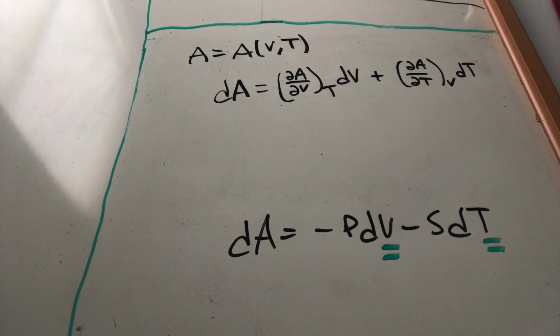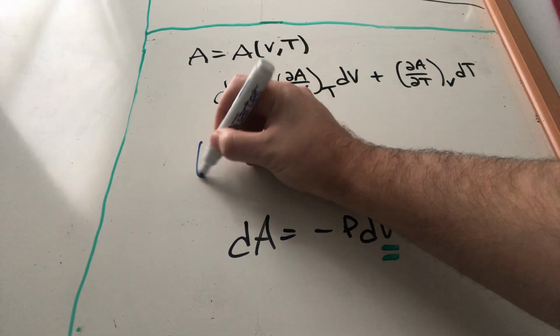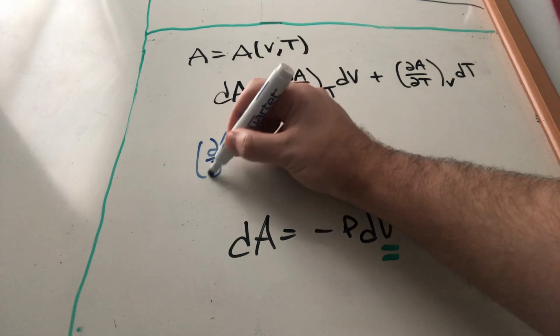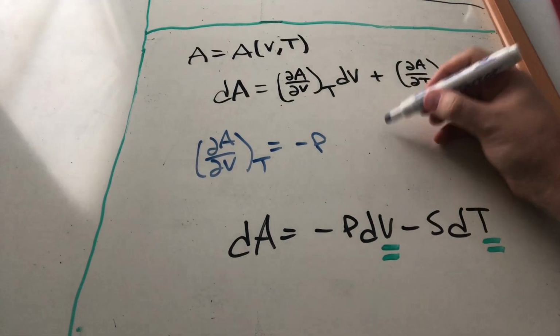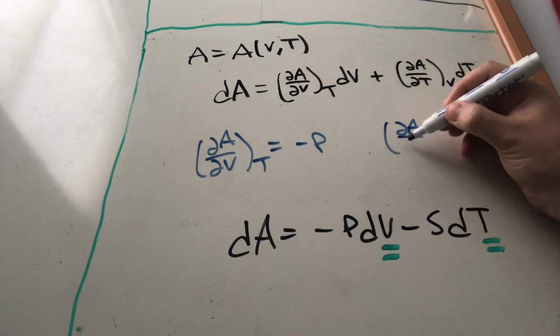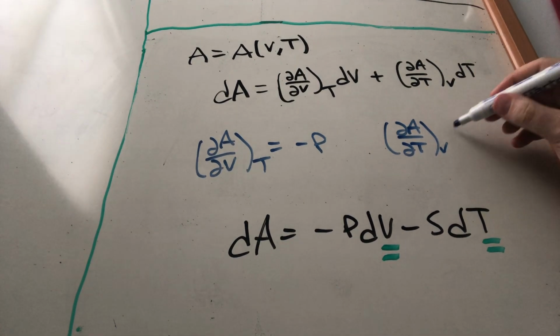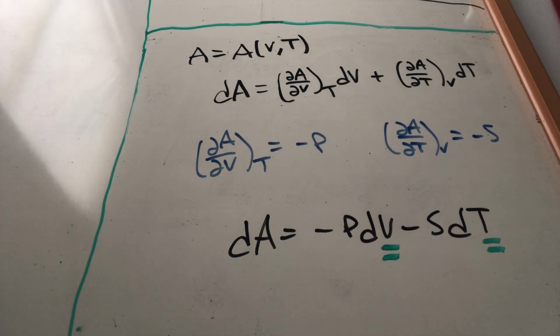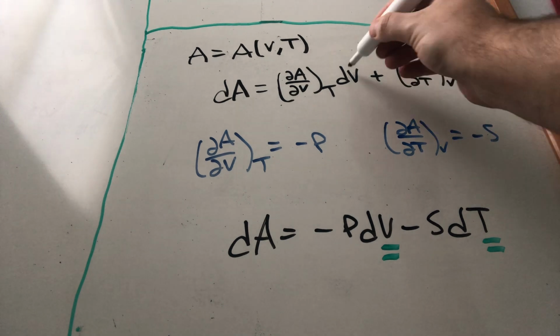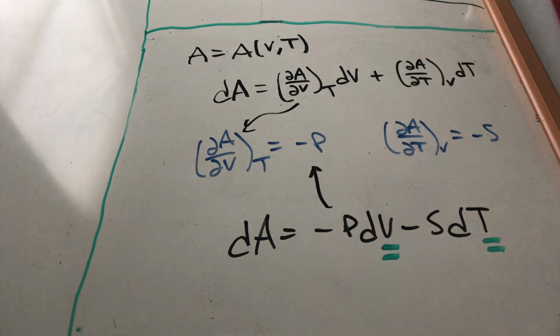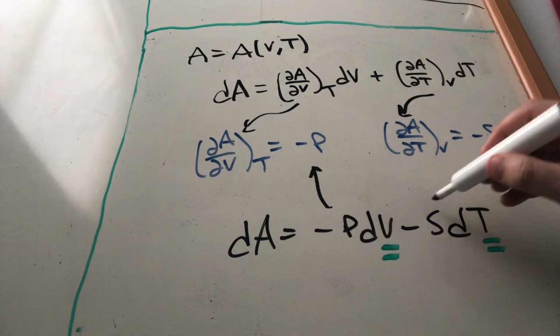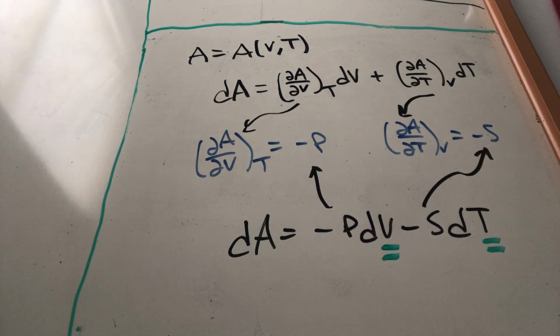Here's a dA with a dV and a dT. This tells me what the relationships are. If I bring these together, we should be able to see that partial A, partial V at constant T is equal to minus P, and partial A, partial T at constant V is equal to minus S. And again, this is the dV term here, so this and this must be equal to each other, and this and this must be equal to each other.